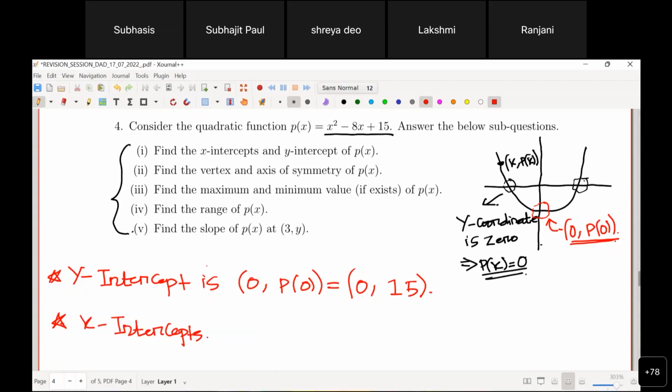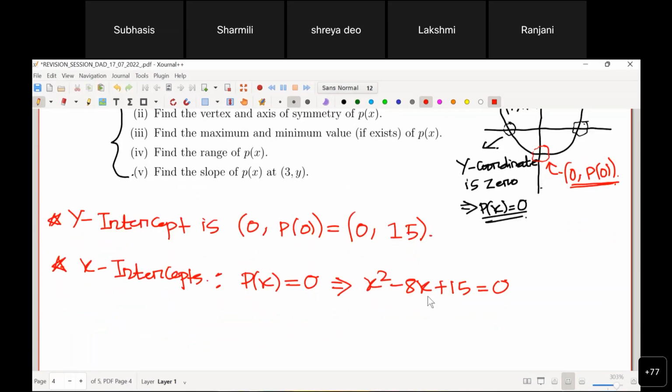The x-intercept is basically the points where the y coordinate is 0. Roots of the equation. Correct. So the x-intercepts are basically the points at which p of x is 0, right? That means the points at which x square minus 8x plus 15 is 0, right?